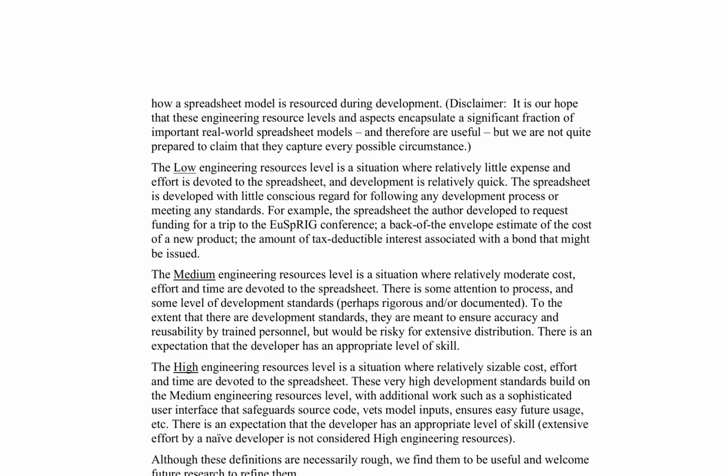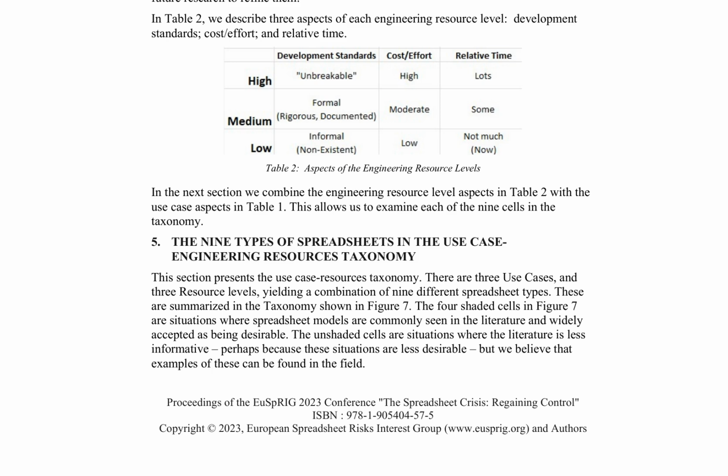The engineering resources dimension also comprises 3 levels: low, medium, and high, which vary in terms of development standards, cost, effort, and relative time. For instance, the low engineering resources level involves minimal expense and effort, while the high engineering resources level entails significant investment in both time and cost, along with sophisticated user interfaces and rigorous development standards.